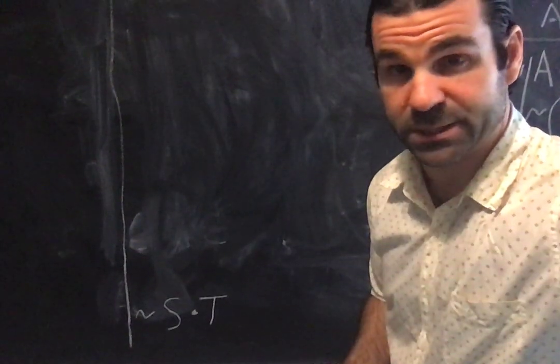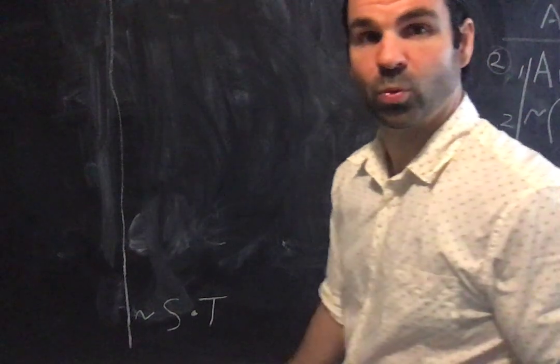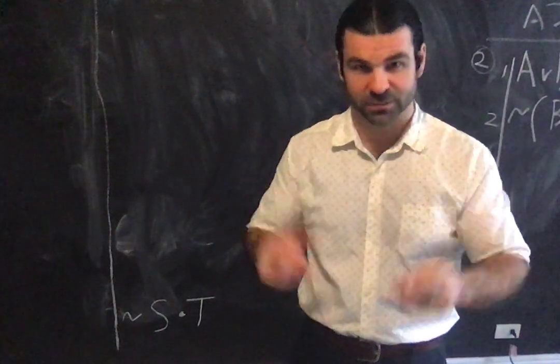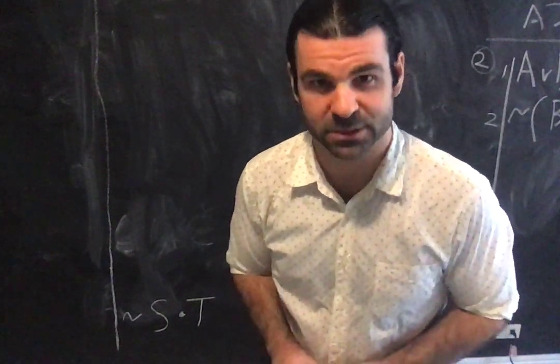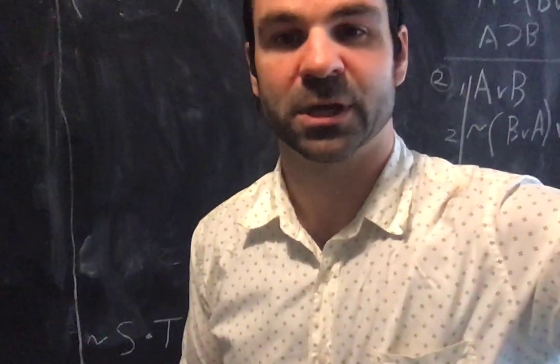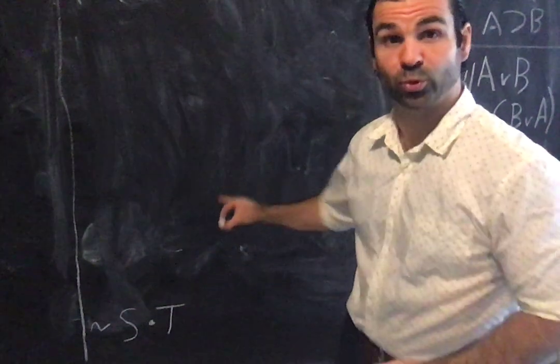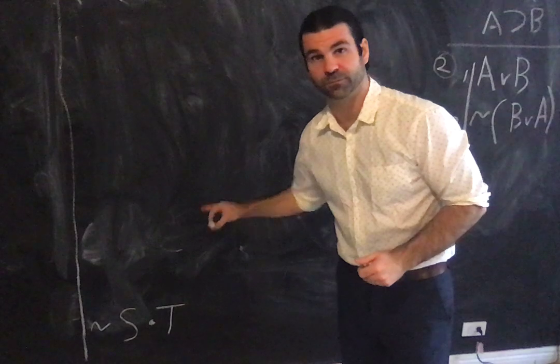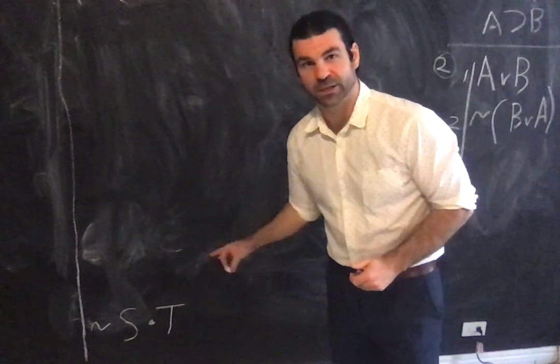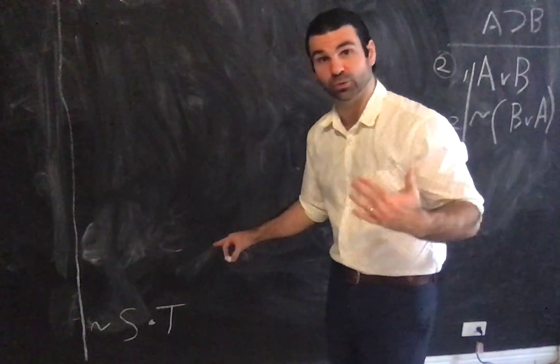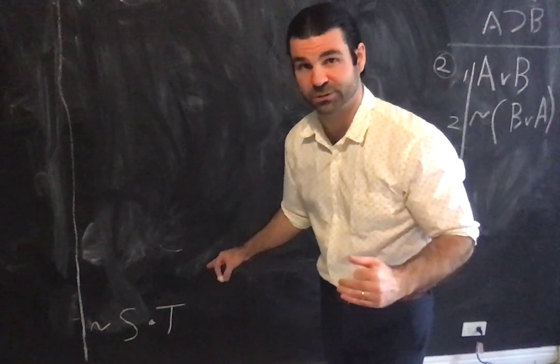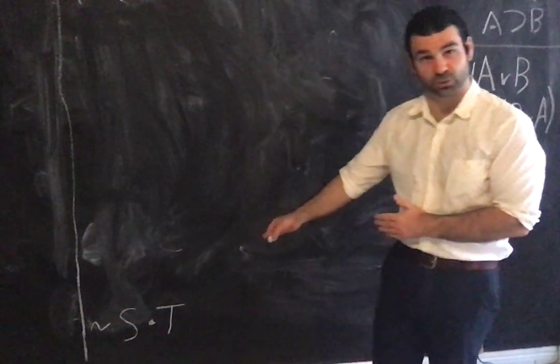My conclusion is a conjunction. So the question you just always apply is, what is the form of this thing? What rule gives you formulas of that form? This is a conjunction, so I have to think of rules that have conjunctions as conclusions. In this case, that's the rule of conj.